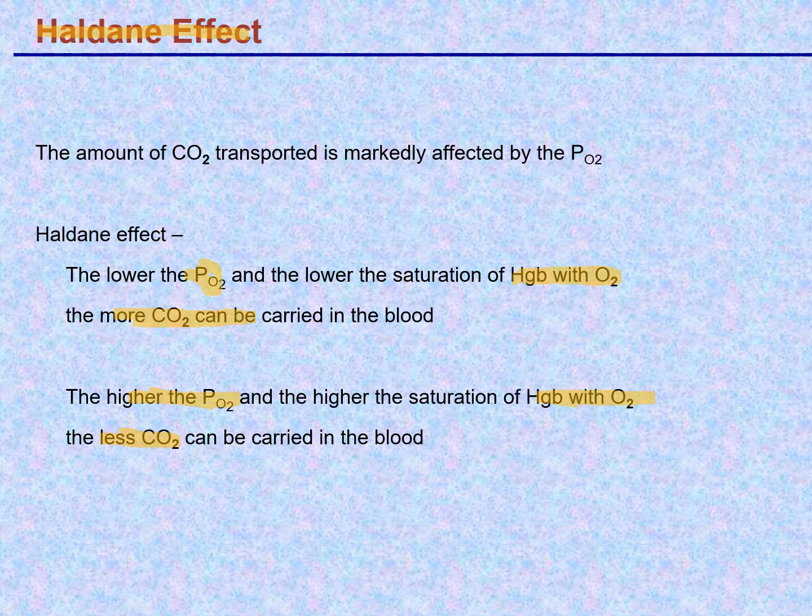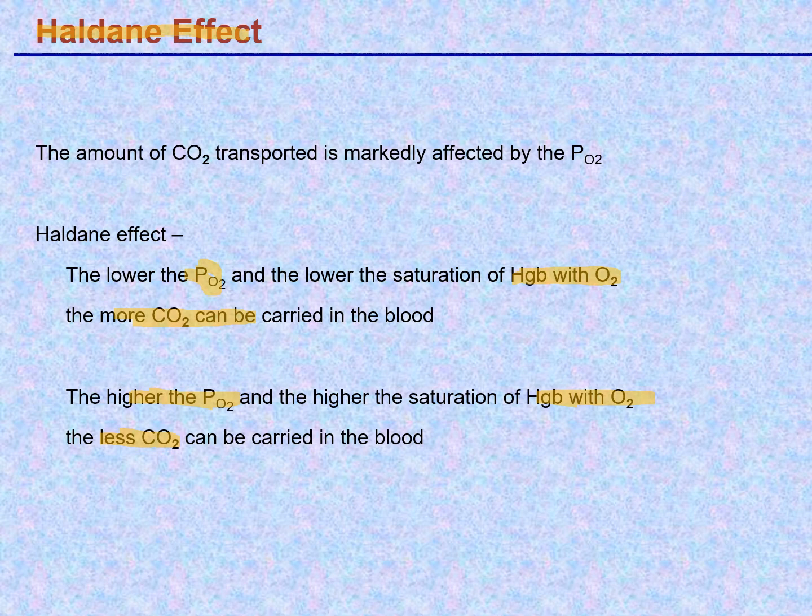So more CO2 is carried by hemoglobin as it enters into an area in the tissues where the PO2 is lower and the PCO2 is higher, and that's because of this effect of surrounding PO2 on both oxygen saturation, as shown by the oxygen hemoglobin dissociation curve, and the Haldane effect, in which this lower PO2 allows the hemoglobin to carry more CO2.